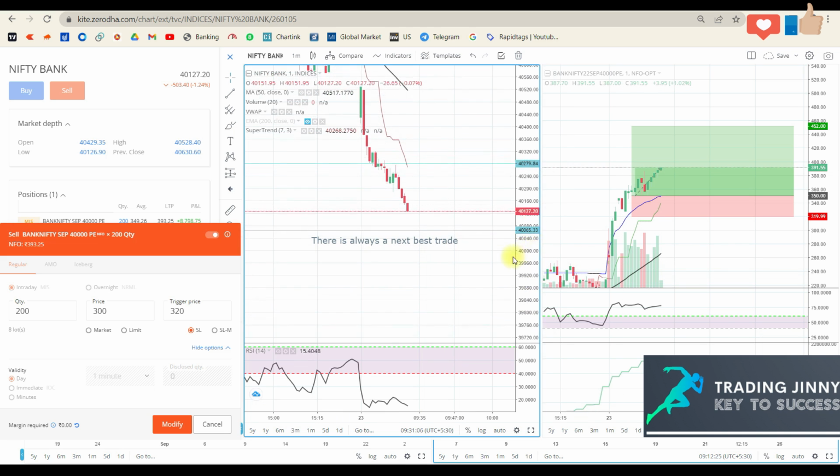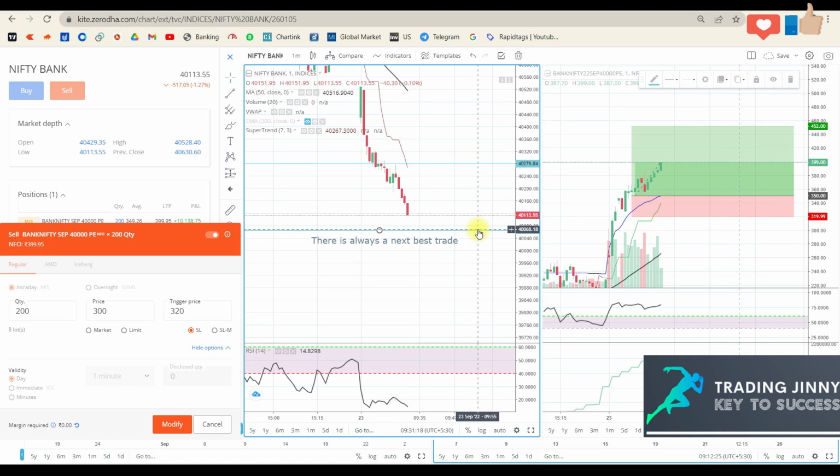I think, guys, it's time that we book our profits at 40,065 because this is a very strong support, a support where I should book my profit rather than take a call side trade.